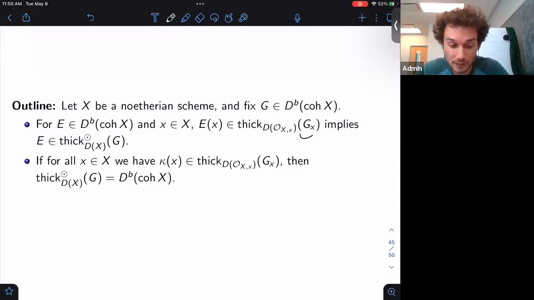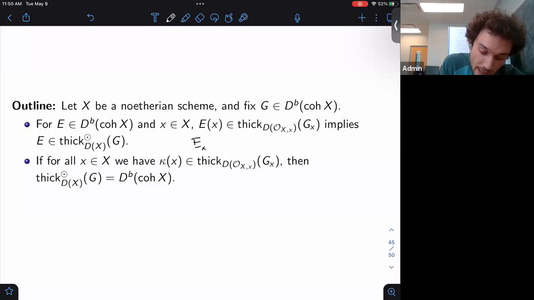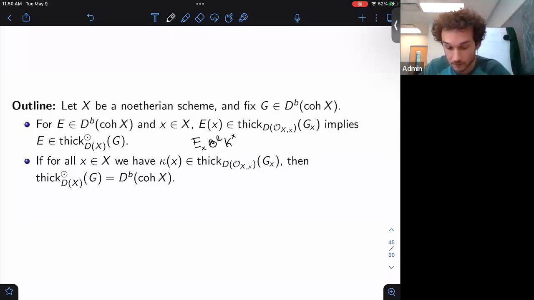So what this first result says is, if locally I can generate E(x) tensored with the Koszul complex of the local ring, that implies I can generate E in the big category, as long as my thick subcategory is closed under the Perf action. So you can generate as a Perf O_X module, in the terminology of Stevenson.